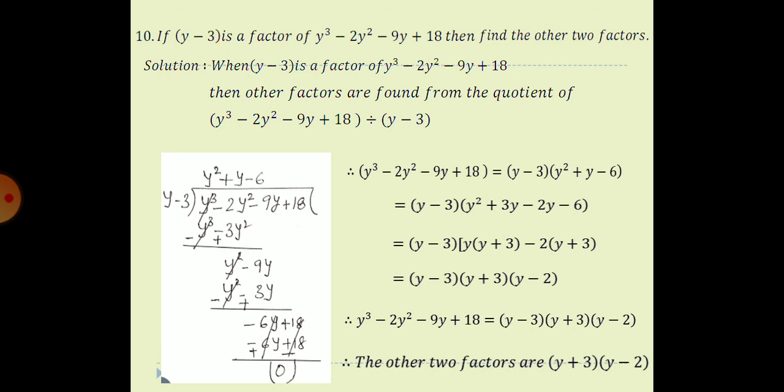The 7th or 8th one is the same: there he didn't give the factor and simply asked you to factorize. You have to substitute 1, minus 1, 2, minus 2 for the variable. Wherever you get 0, that becomes the factor. Do the division like this, find the quotient, and then factorize the quotient to get the answer.